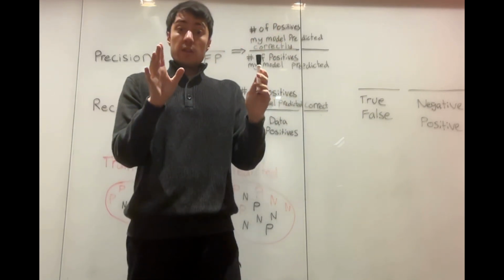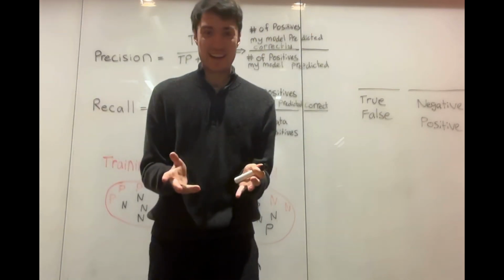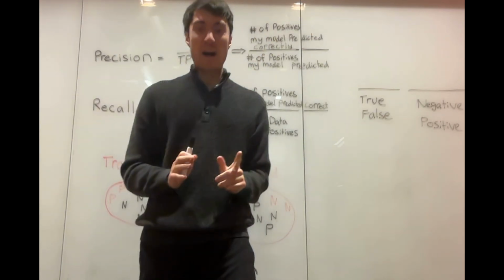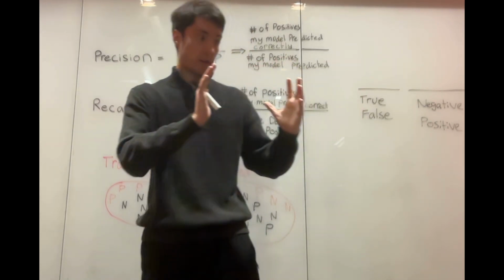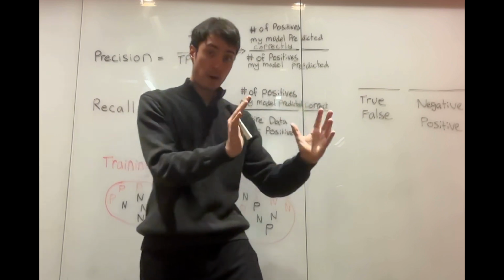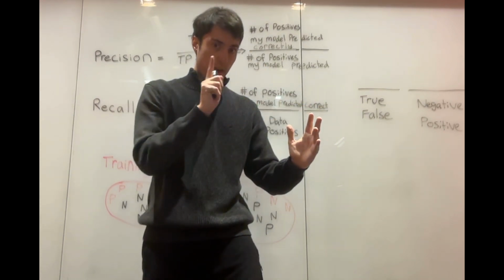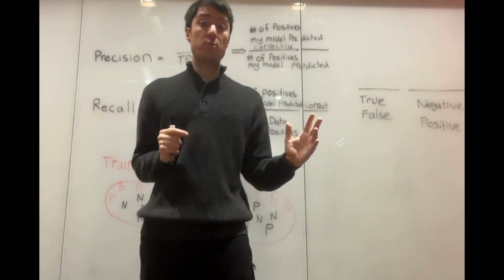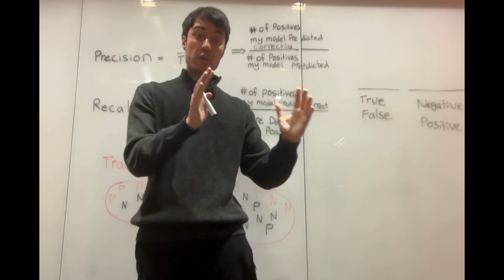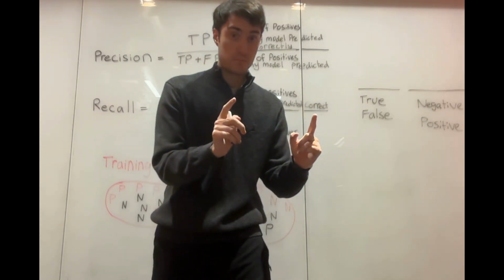Did your model say everyone had cancer? We look at the set that our model predicted and ask, out of this, how many did your model say were positive, had cancer?